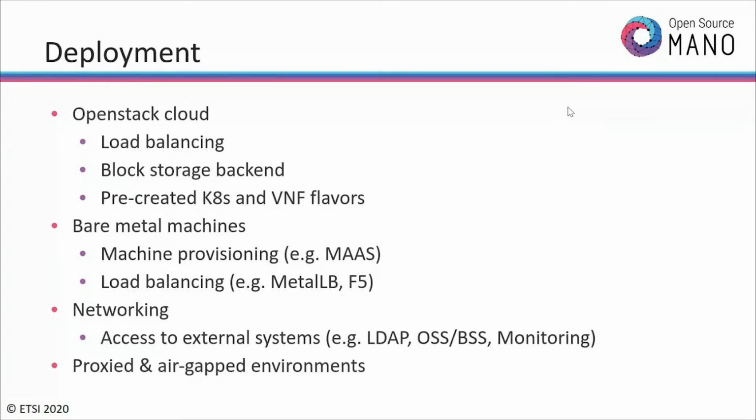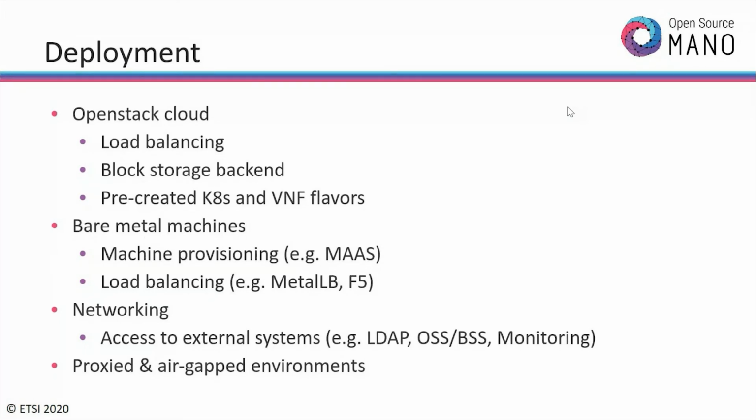Your machines within the air-gapped environment would not have access to the internet, so you definitely need to get all the OSM components through a repo and a container registry that you set up within that environment. So these are all the deployment-related topics that we've identified as being quite important for production use cases, working with our customers and with our partners.